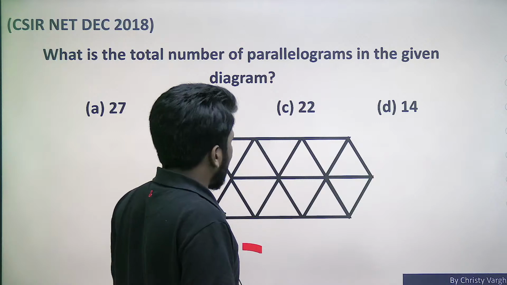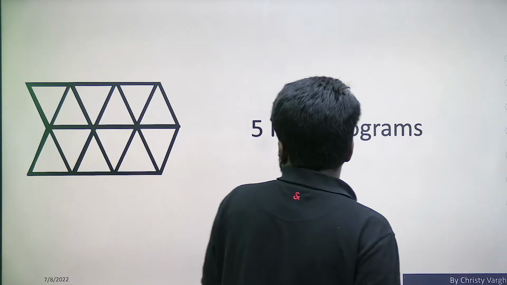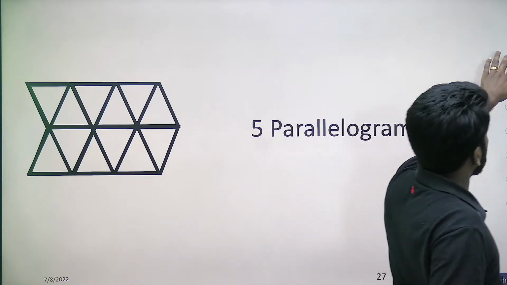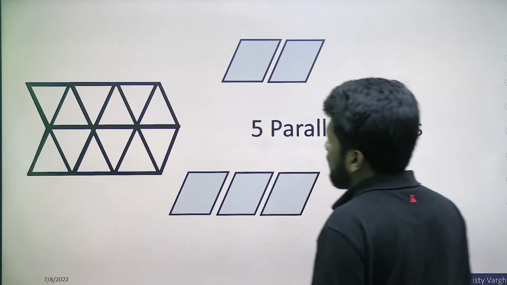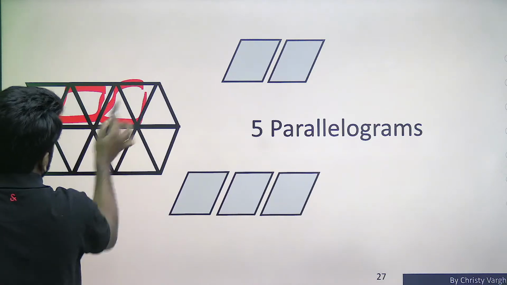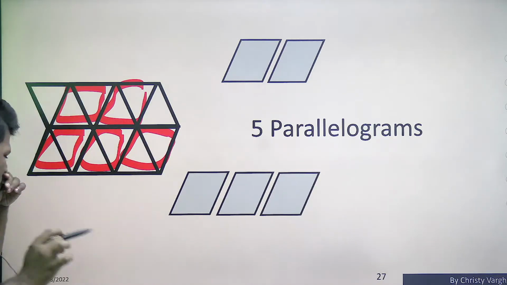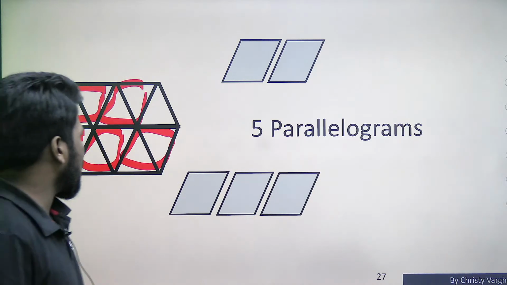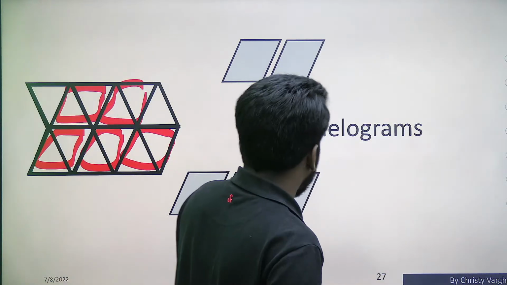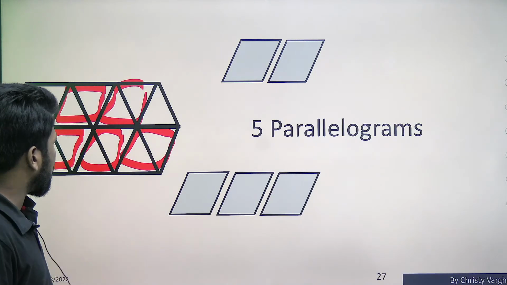So let us check one by one. First, you can see these 5 parallelograms. Please check whether you are able to see these 5 parallelograms. What I am saying is this, this, this, this and this. We are giving the cumulative number after every count.